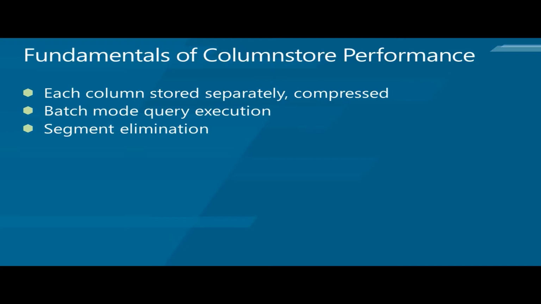So when the storage engine starts to scan a segment, it peeks at that metadata. If there's a filter on that column, it checks whether any data between that minimum and maximum value might qualify against the filter condition. And if the answer is no, it skips the entire segment. So that segment skipping is very useful.